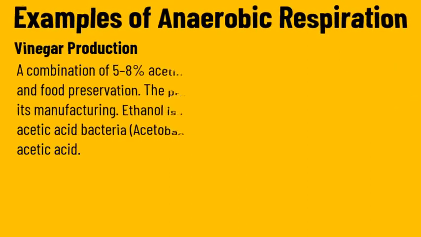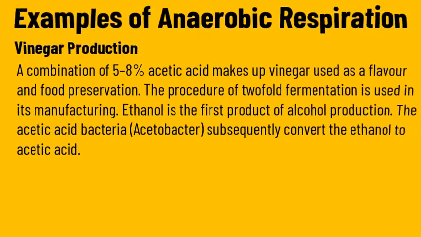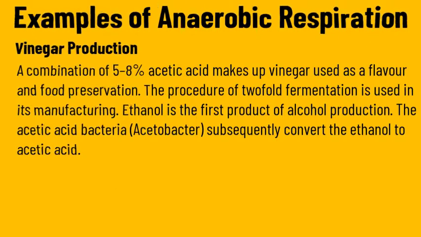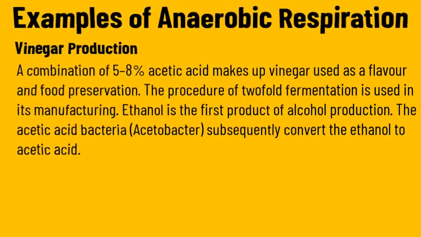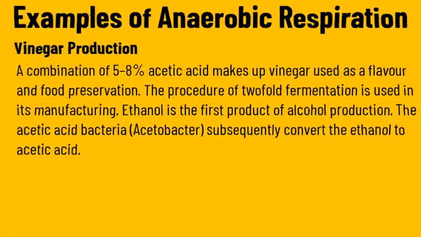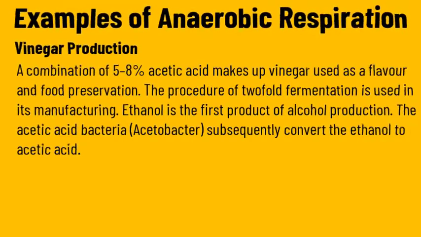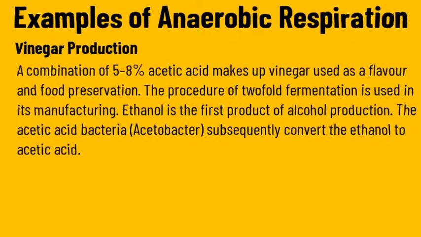A combination of 5 to 8% acetic acid makes up vinegar used as a flavor and food preservative. The procedure of twofold fermentation is used in its manufacturing. Ethanol is the first product of alcohol fermentation. The acetic acid bacteria Acetobacter subsequently converts the ethanol to acetic acid.